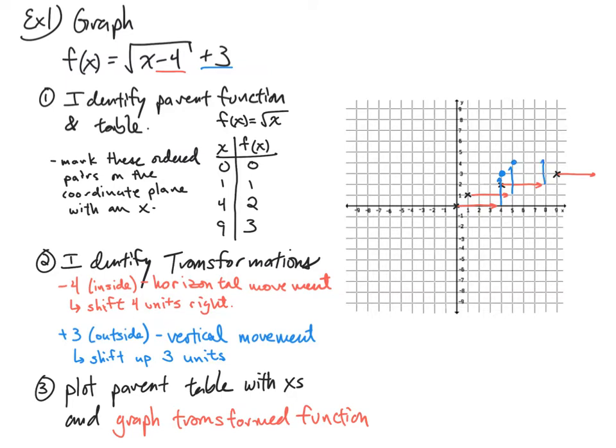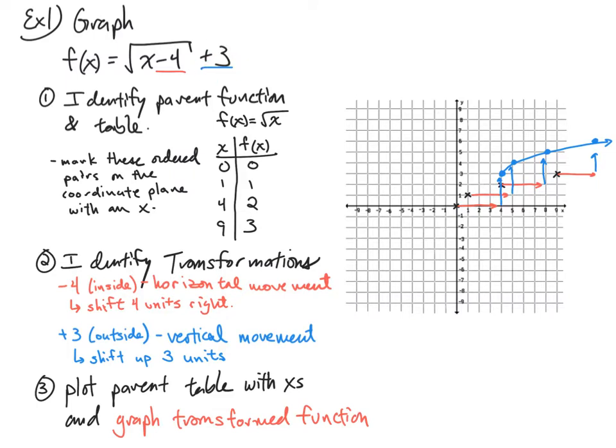Up 3 units, there's the next one. Up 3 units, there's the next one. And these blue dots are what I'm going to connect, and that is where my new function is. That's how we moved the parent function to the right 4 and up 3.